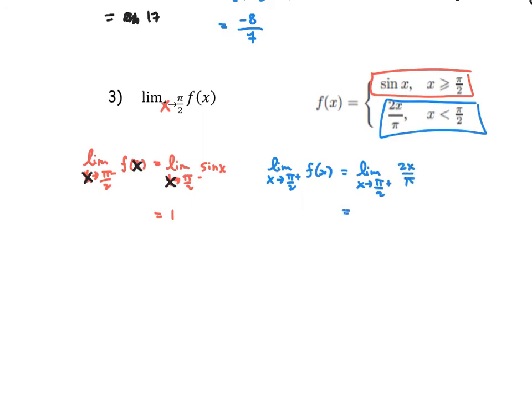What would that equal? Well, that'd be 2 times pi over 2 divided by pi. What we get is pi over pi, which is 1. Therefore, the limit as x approaches pi over 2 of f of x is equal to 1.